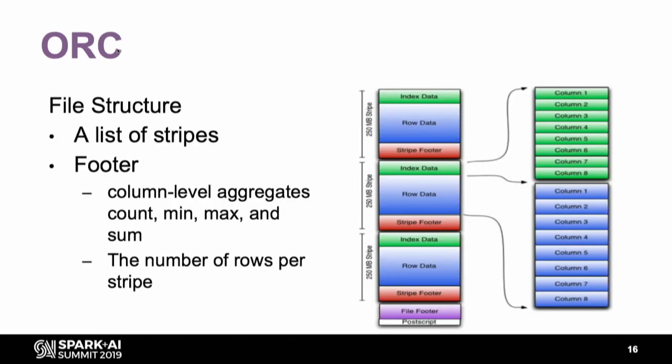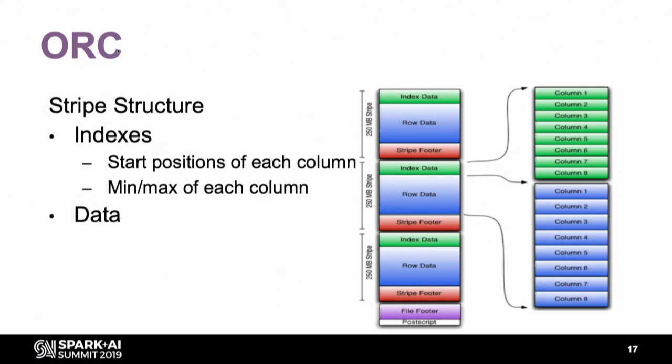The next one is ORC. ORC contains a list of stripes. It also has a file footer, which contains the aggregation information of the whole file. Inside a stripe, it contains a list of index and raw data.